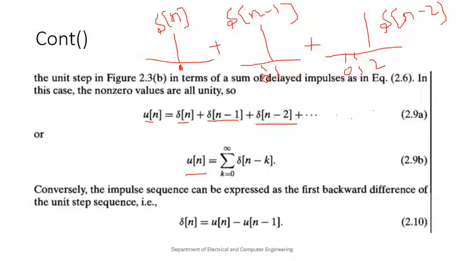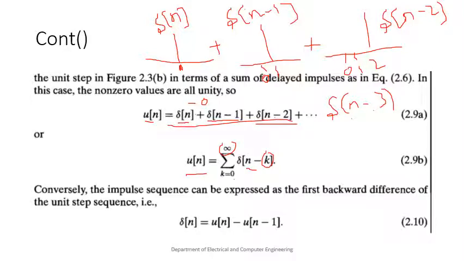We know that n is constant, but this number is changing. Here we have n minus 0, n minus 1, n minus 2, then n minus 3 and so on. So we can replace this changing variable with k. k starts from 0 and goes up to n. If I put the values of k here, I will get the same equation.